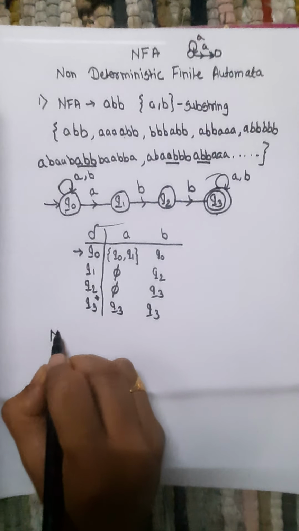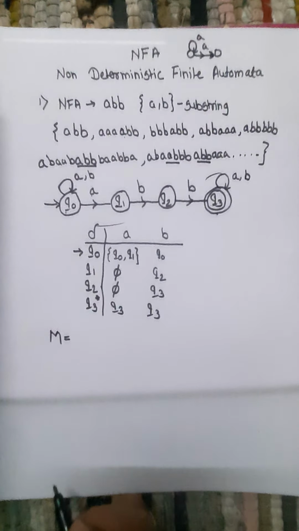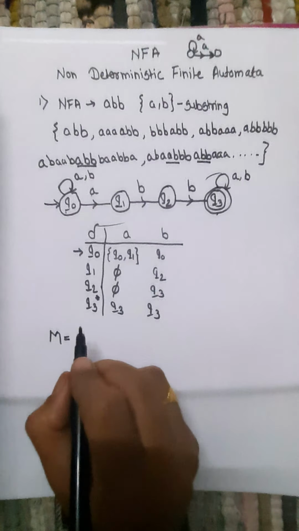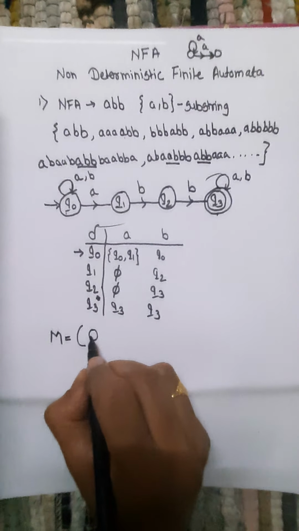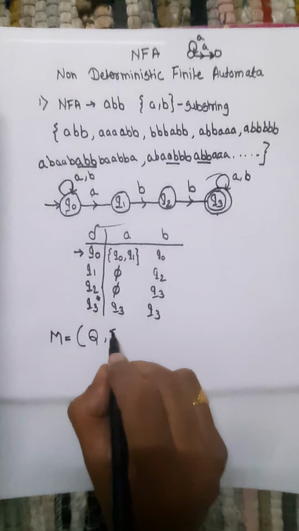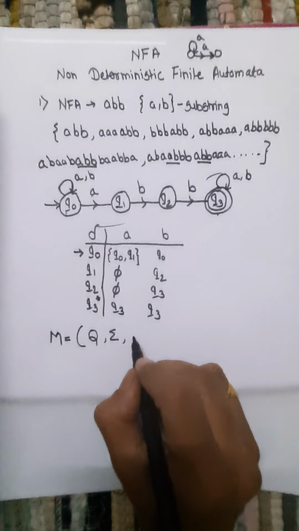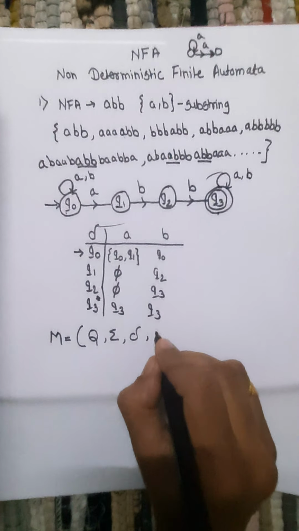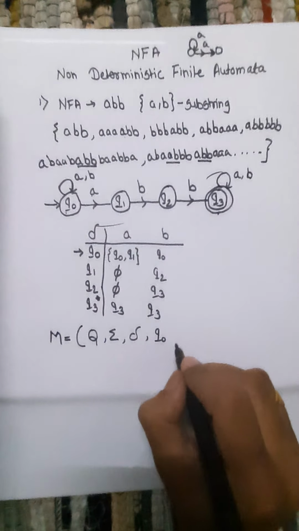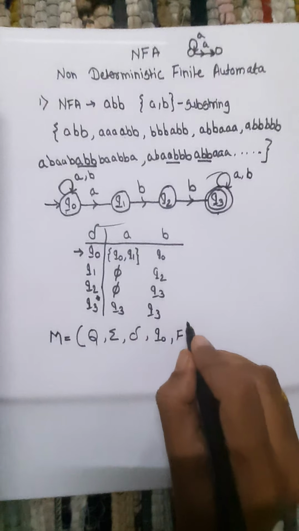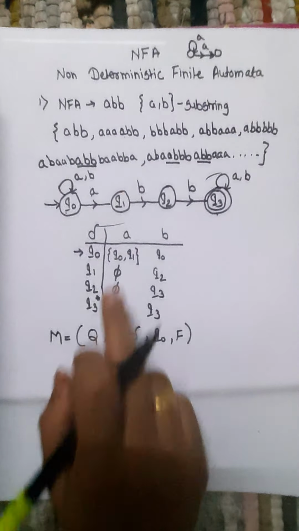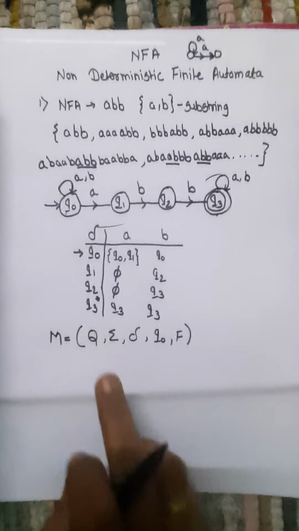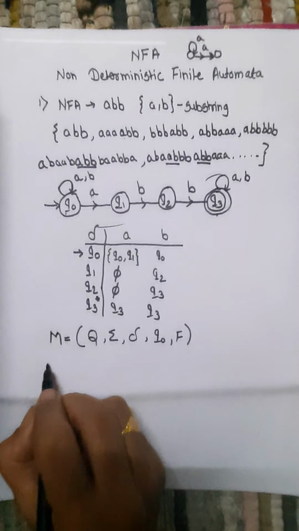Now finally you have to write the definition of the NFA. What is that? Capital Q as the set of states, sigma as the input symbols, delta as the state transition table, Q0 for the initial state and capital F for the final state. Now from this NFA we will write this capital M, meaning the definition.